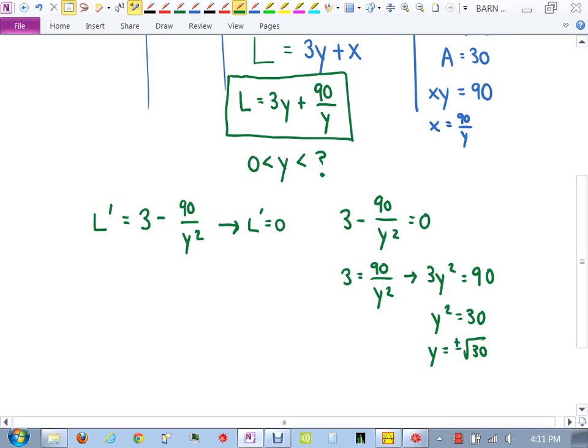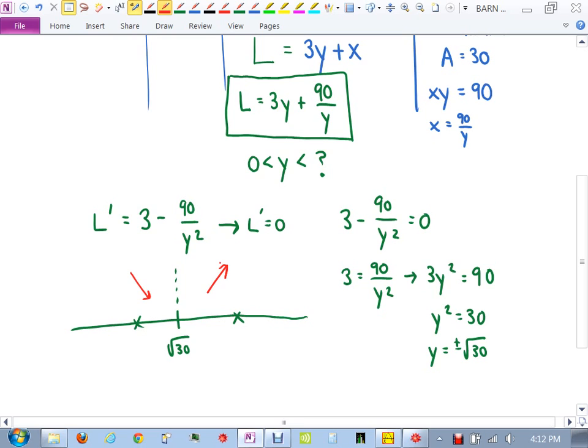And I don't have to consider the negative one here, right? I'm going to do the open interval method, so I'm just going to look at root 30, pick something to the left and to the right of it, and plug them into the derivative. I'm not going to actually do it, but it's going to go down then up.